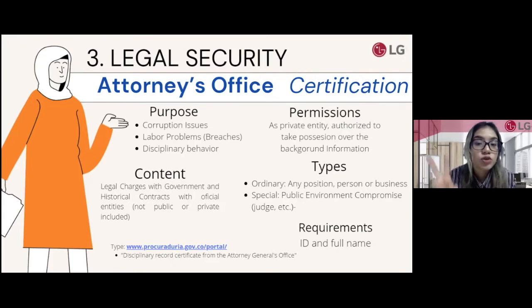We can find two types: the ordinary one for any job position, person or business, but we can also generate a special one because the public environment is involved, like when the job position is a bit more important, such as mayors, councilors, judges. So the ID and the full name of the person that we are interviewing or have already pre-selected are required.